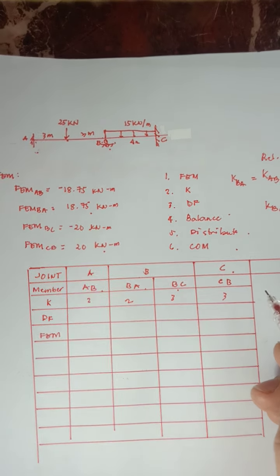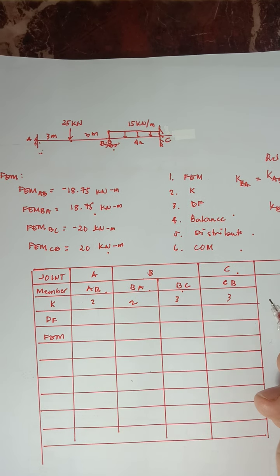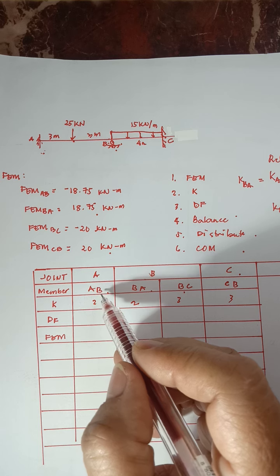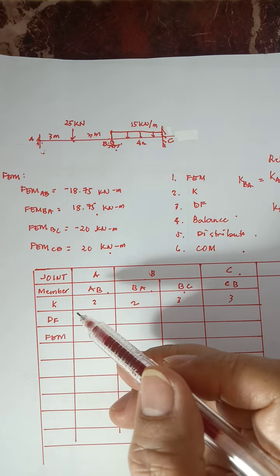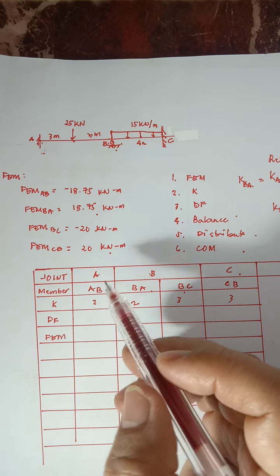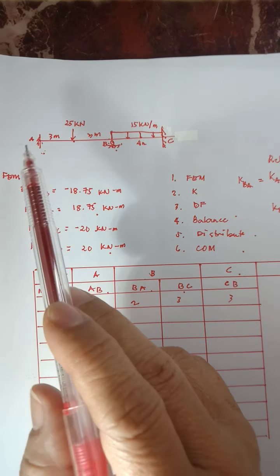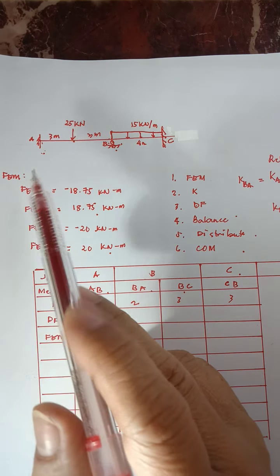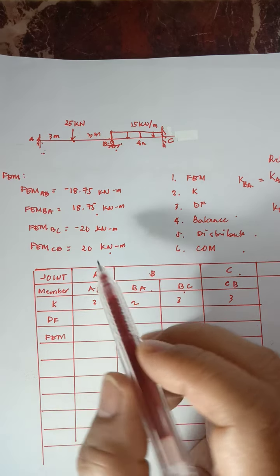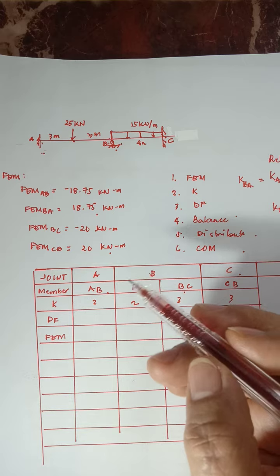Okay. So the distribution factor for AB, now according to the procedure, if the support is a fixed support, the distribution factor for a fixed end is equal to 0.